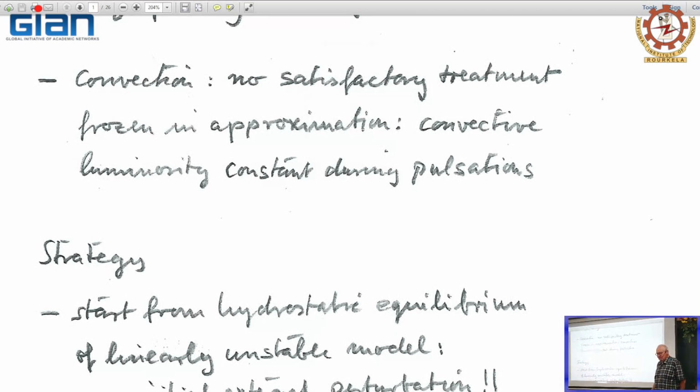Okay, so there is a problem to avoid either an initial perturbation which is inherent in the code or in the procedure, or we also do not want to kick the model externally, because then we cannot be sure that we see the physical instability which has been predetermined by the linear analysis.